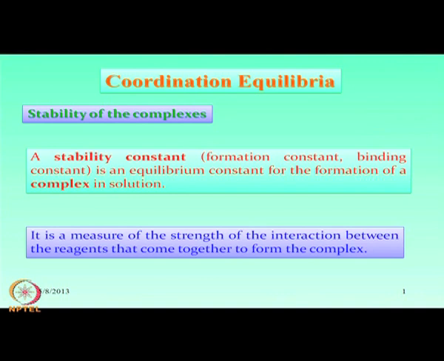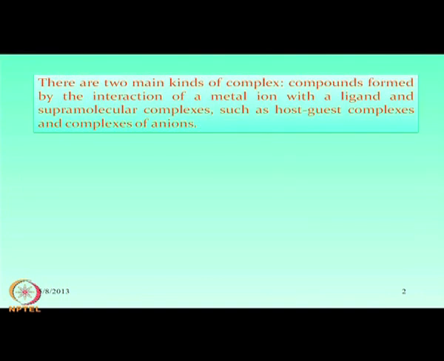So, it is true for some other physical systems where we are not talking about the metal and the ligand, but some other biochemical reactions, some supramolecular interactions, some non-covalent interactions. In that particular case also the same types of expressions are useful to find out the corresponding equilibrium. So, the first thing we can see is that we can have interactions when we have compounds forming from the metal ion and the ligands.